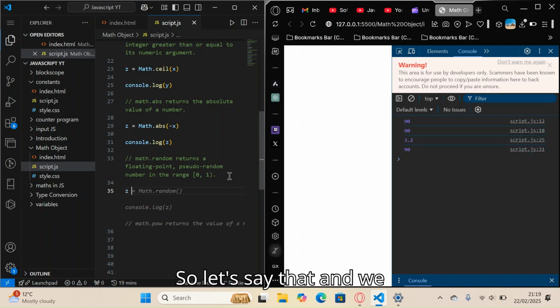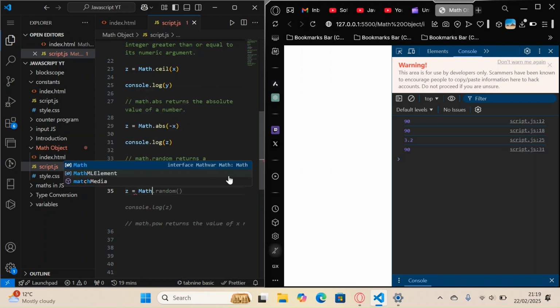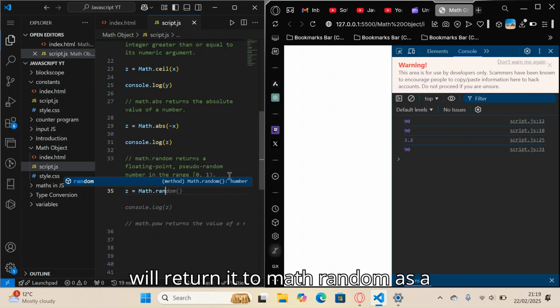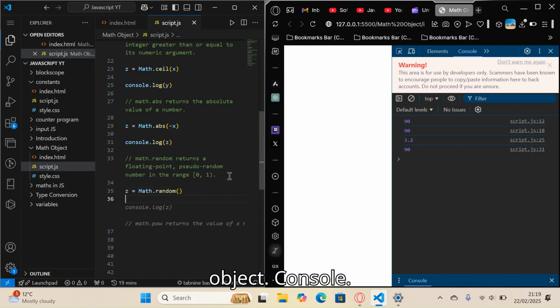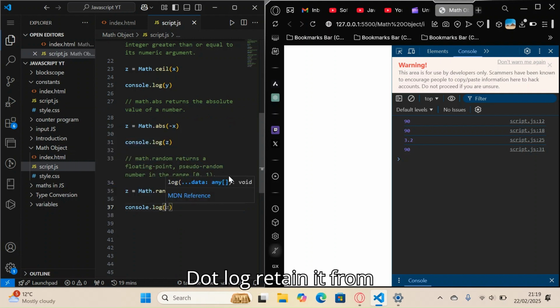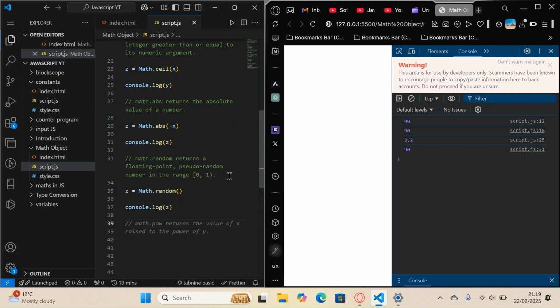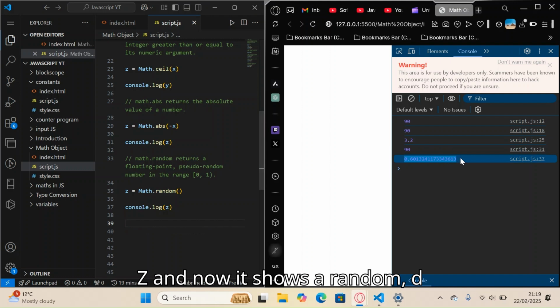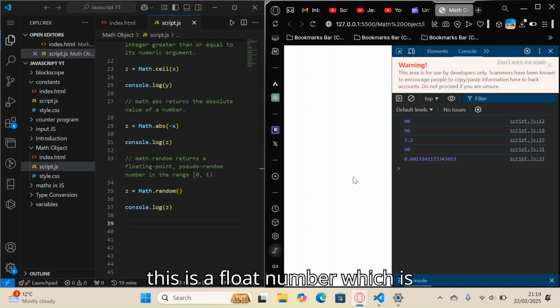So let's say z equals math.random, console.log z, and now it shows a random decimal because it ranges from 0 to 1 using floating point. This is a float number, which is included as a decimal.